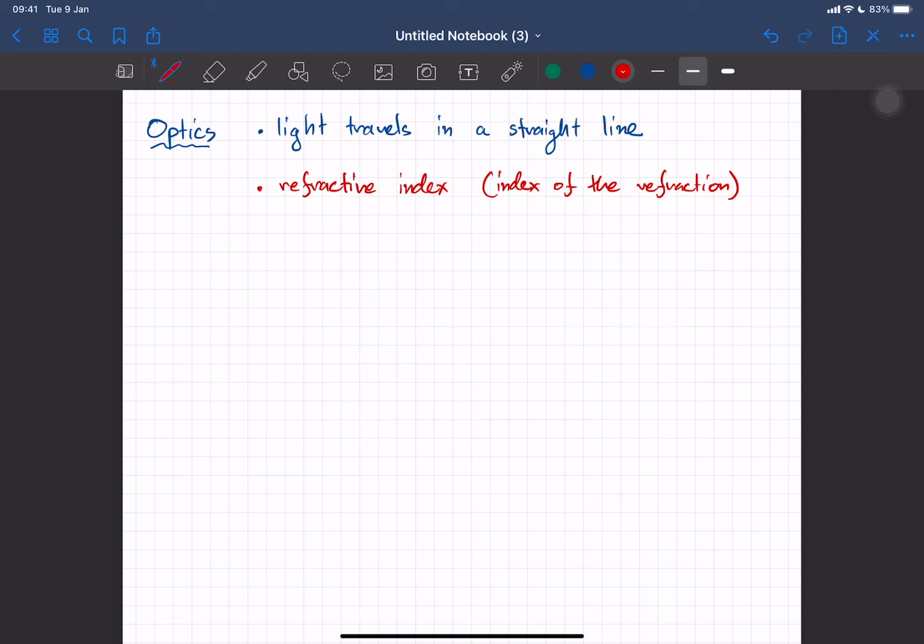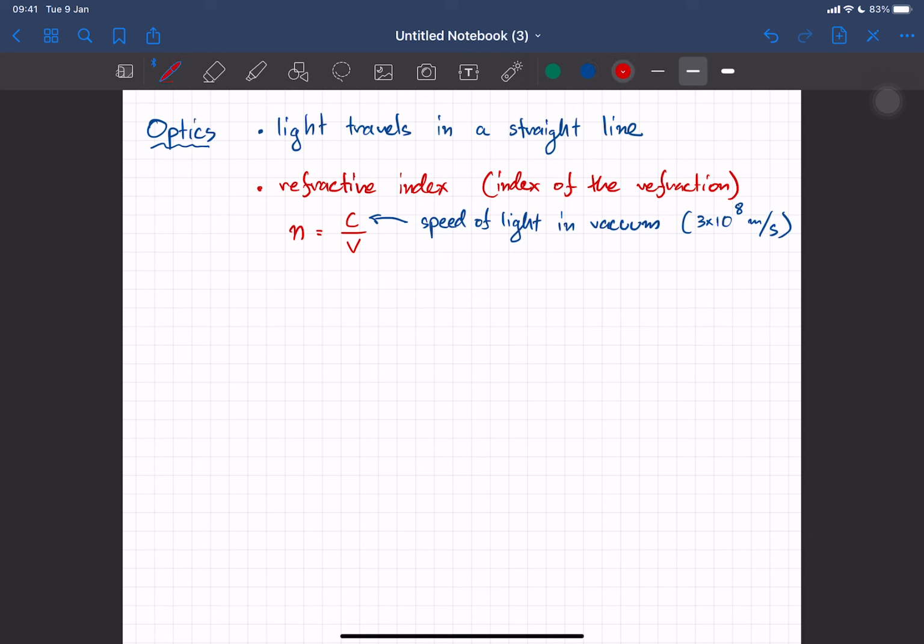So this parameter n is a dimensionless number that we use to characterize how fast light travels in a medium, and it's defined to be c over v, where c is the speed of light in vacuum, which is about 3 times 10 to the 8 meters per second.